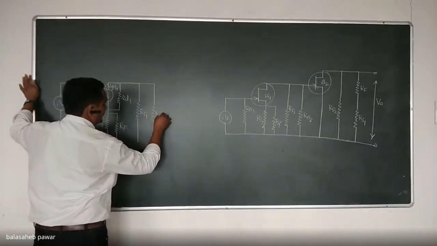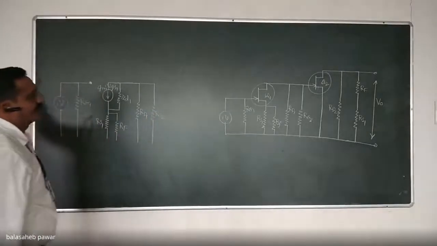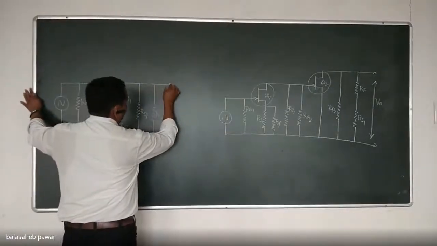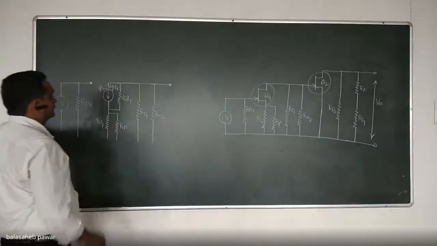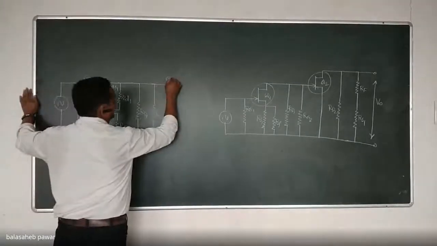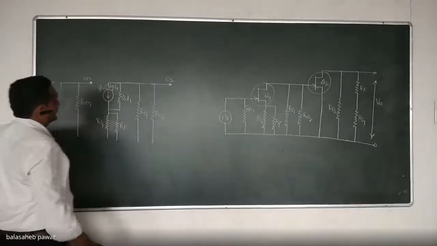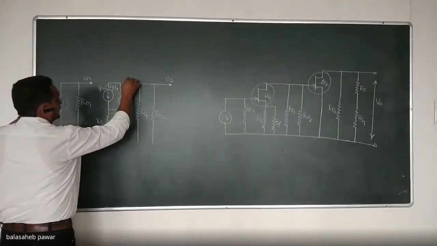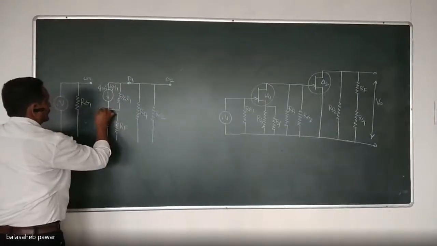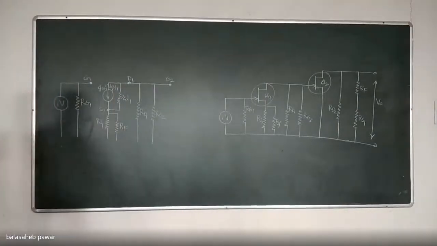This is RG2. And this terminal goes to the gate of the second transistor. This is G1. This is now G2. This is the drain of the first transistor, that is D1. This is the source terminal of the first transistor, that is S1. Okay.